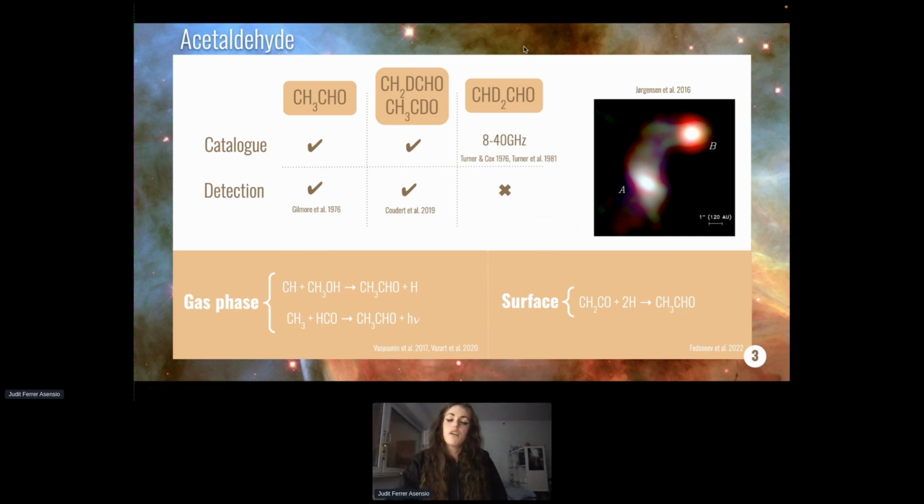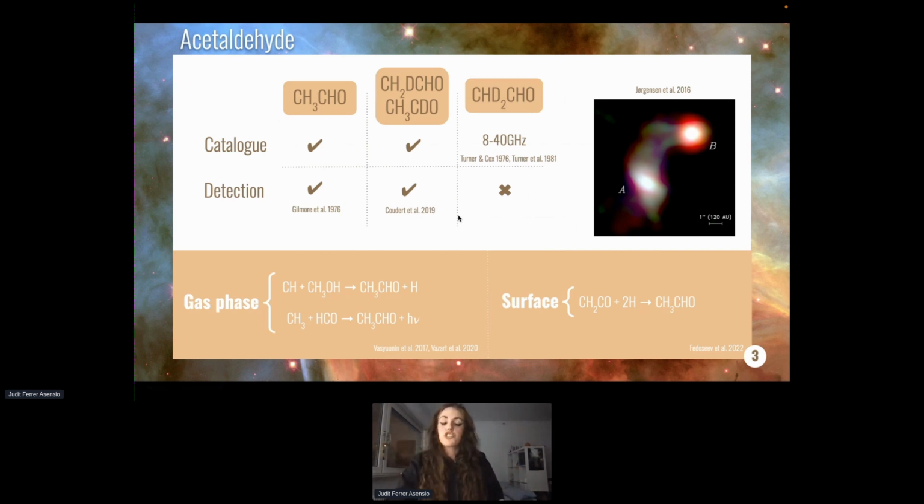On the other hand, for the doubly deuterated acetaldehyde, in the literature, we just had measurements between 8 and 40 gigahertz, which were not enough to build a catalog, and therefore there was no detection in the interstellar medium.